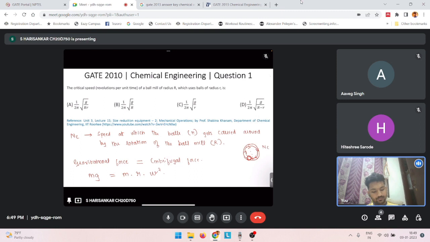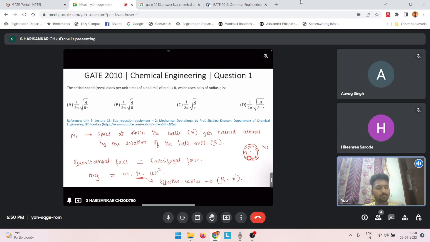Now this r you can't directly take as a small r, because this is basically the effective radius. Here we have to take this effective radius as the difference between the radius of the ball mill and the radius of the ball. And omega square is basically the angular velocity and m is the mass.